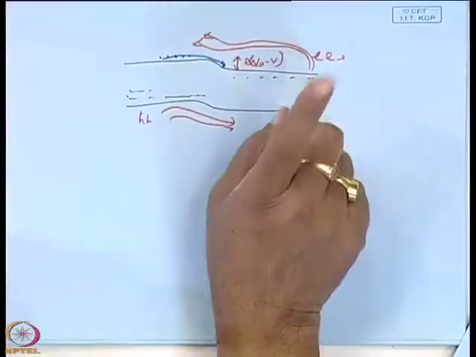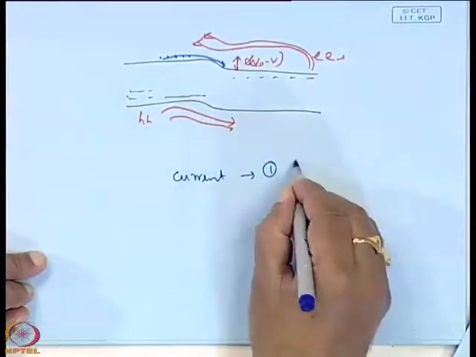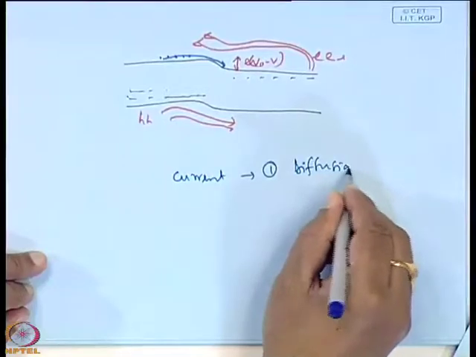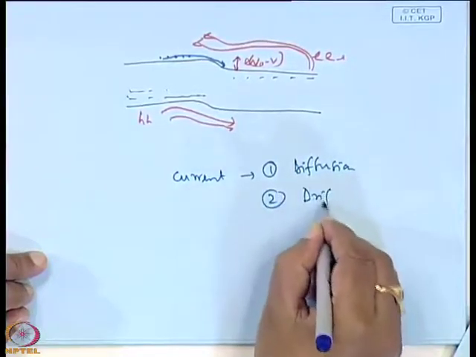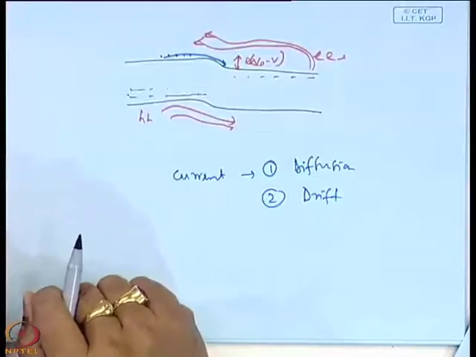Okay. Now, the current will have two components, one component is diffusion and one component is drift. In thermal equilibrium, the drift and diffusion currents are equal and opposite. So, there will be no resultant or total current in the junction, but as soon as you put the voltage source, there will be a different amount of current and the diffusion current will be larger than the drift current.